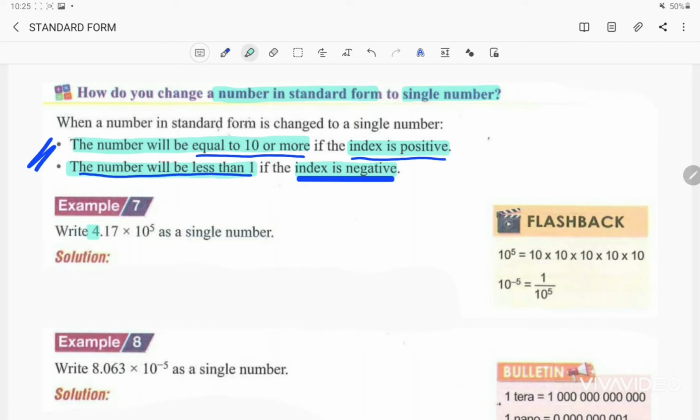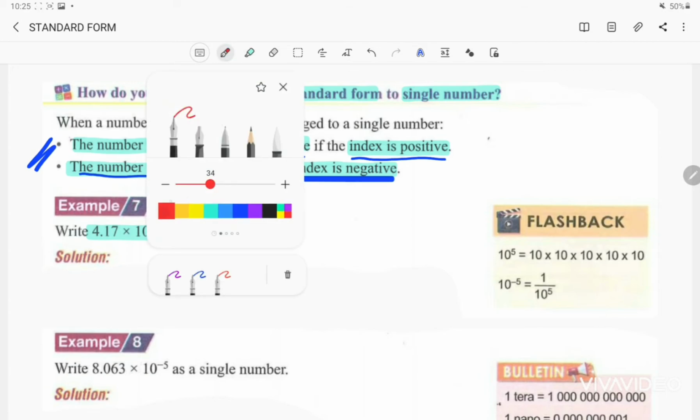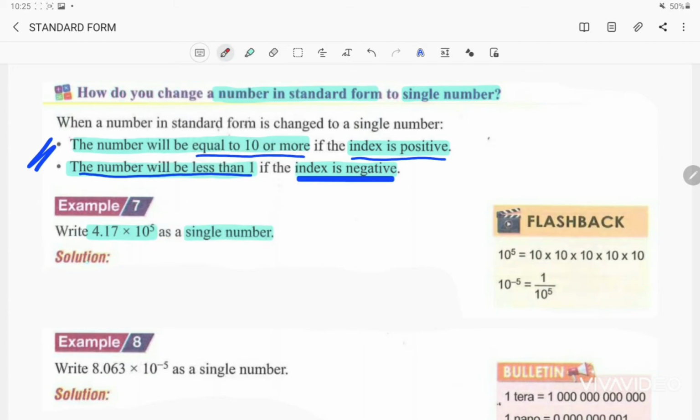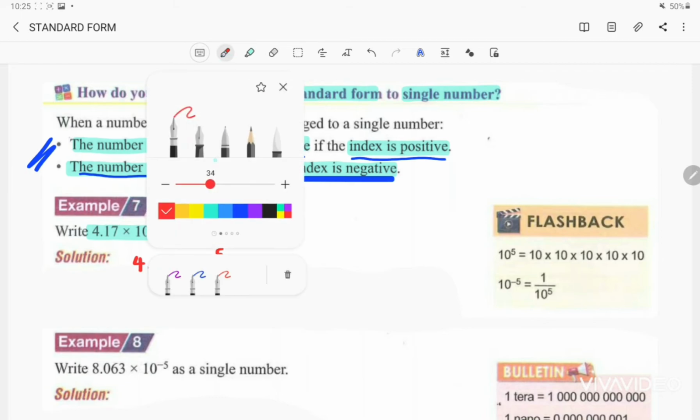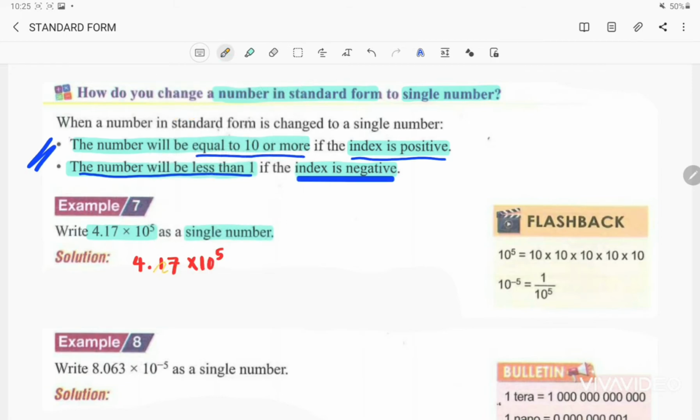Okay, write 4.17 times 10 power of 5 in single number. Okay, alright. So macam mana nak tulis dia dalam single number? Okay, look at here. 4.17 times 10 power of 5 means that you have to shift the decimal point to the right sebanyak 5 kali.